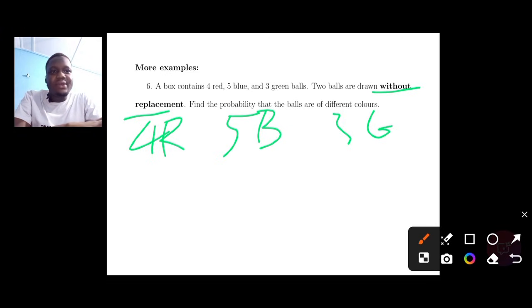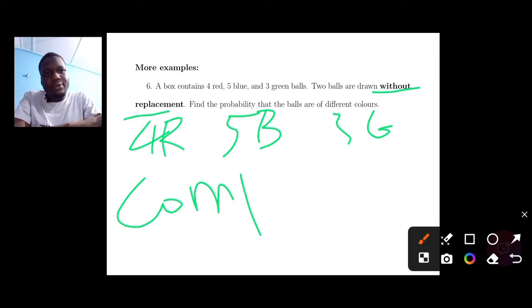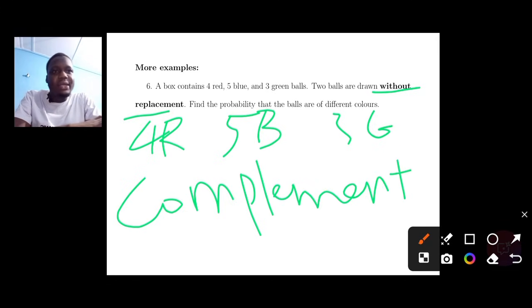Now, if you attempt finding different colors, that's not bad, but it might take some time. For this particular question, the quickest way is to use complements. So now I'm asking you a question. What do you think will be the complement of different balls?